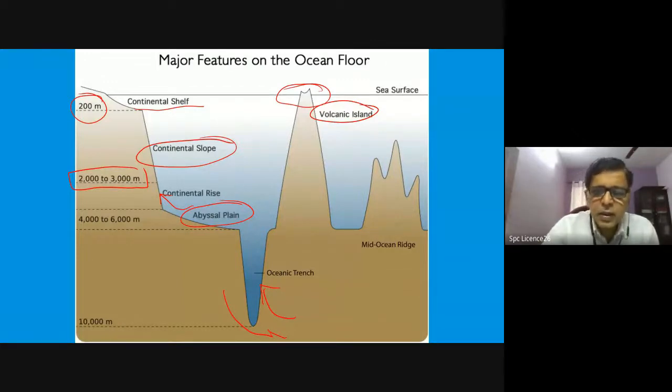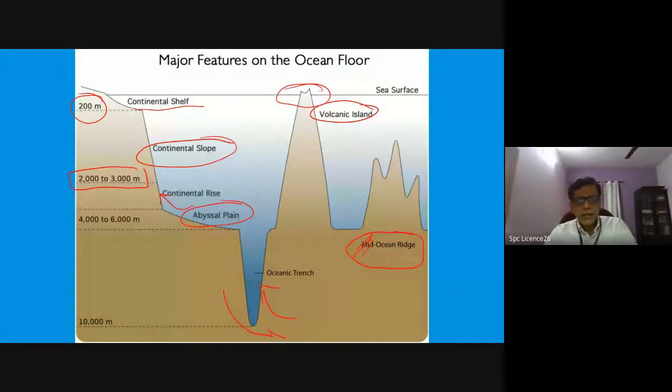And then there is a common feature that you will find, though it may not in every ocean be called the mid-oceanic ridge. It's more so in the Atlantic Ocean. As far as the Indian and Pacific Oceans are concerned, it does not run through the centers of these oceans. But such ridges are there where, of course, we know that the plates are moving away from each other.